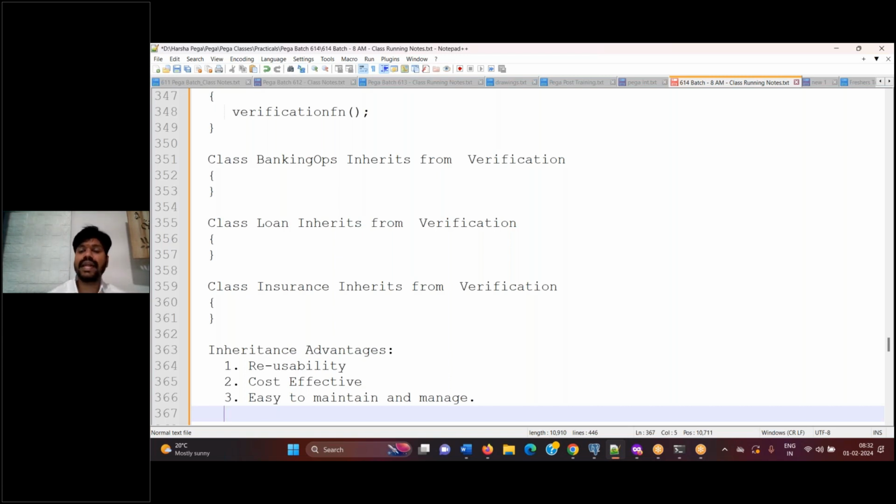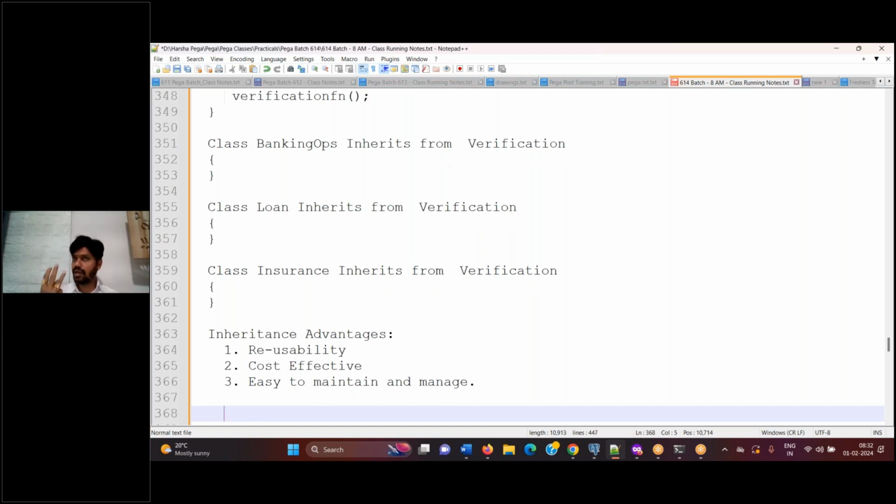Now I will tell you one additional point. There are three classes: class A, B, C. B inherits from A. C inherits from B. B can utilize the functionalities of A, yes or no? C can utilize the functionalities of B, yes or no? C also can utilize the functionalities of A. This is generally how it works in real life.